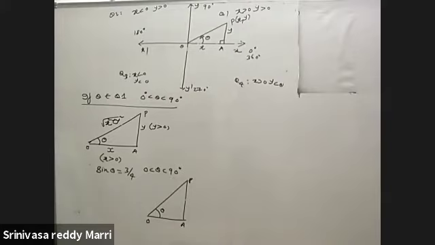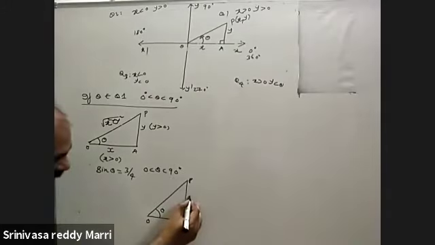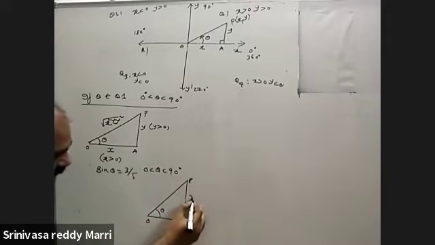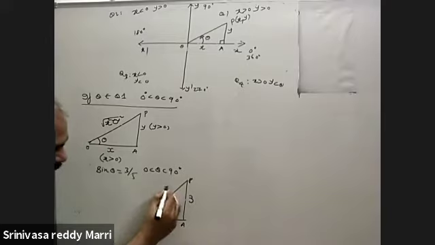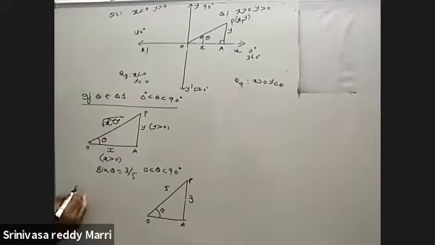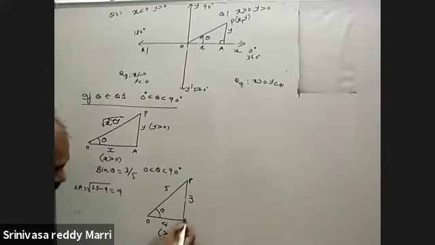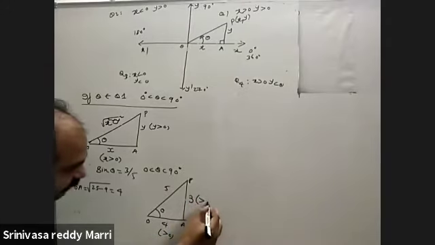This is 3, opposite, divided by hypotenuse 4. Now the adjacent side OA is nothing but root of 16 minus 9, which is root 7. What I am telling is, here you write positive only.